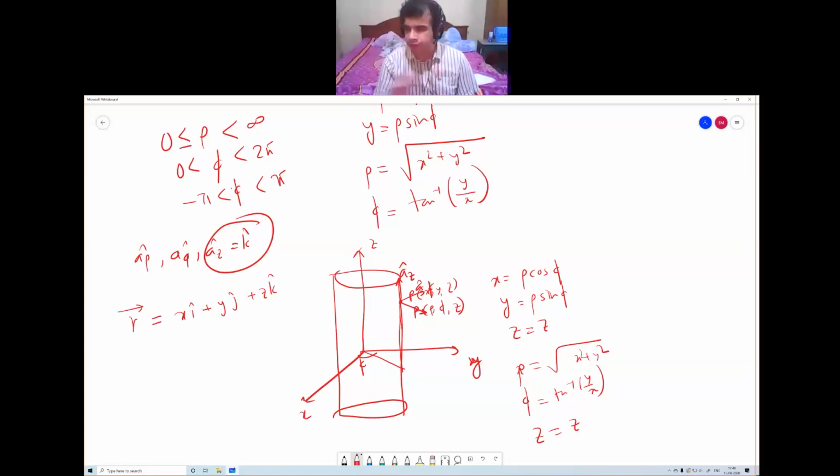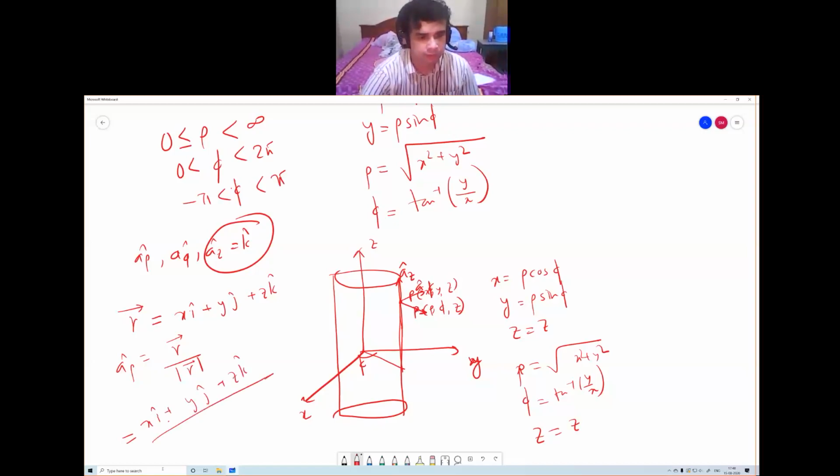So a rho is simply the r vector divided by the magnitude of the r vector, that is the unit vector along the r vector. So this is xi plus yj plus zk divided by square root of x square plus y square plus z square. Is it okay?